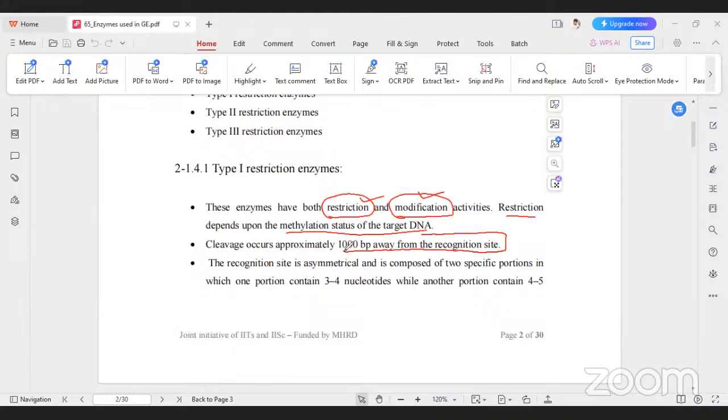First, it recognizes the recognition site. After that, for example, this is the DNA strand. Here is the recognition site, but the cleavage occurs in between, about 1,000 base pairs away. So the recognition site is asymmetrical and composed of two specific portions. One portion contains 3 to 4 nucleotides, while the other has 4 to 5 nucleotides.